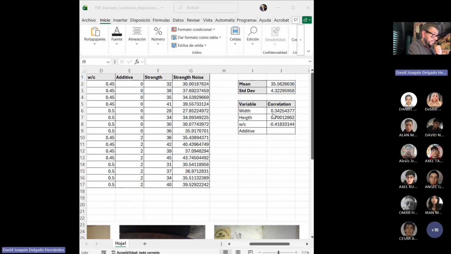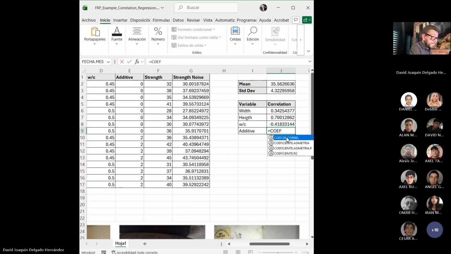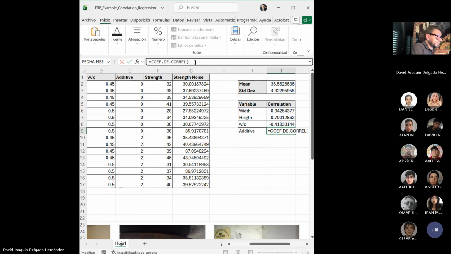And finally, the additive, I am going to put here equals coef the correl, and I select the range, this range, comma, and this branch.